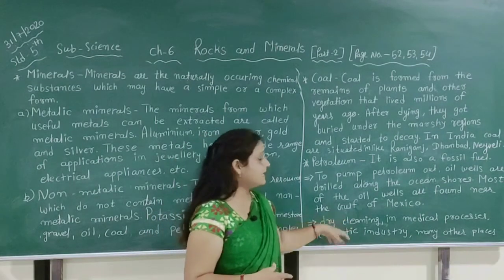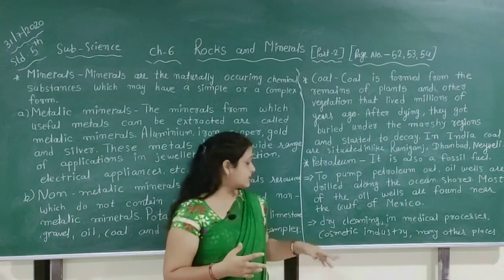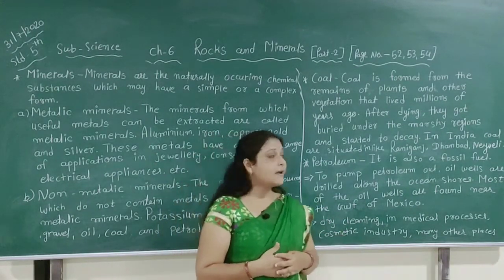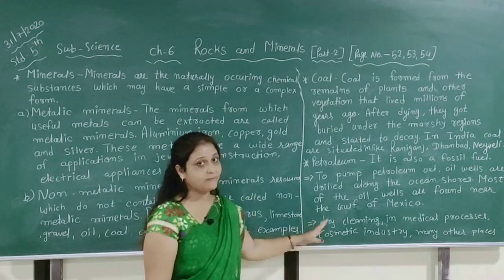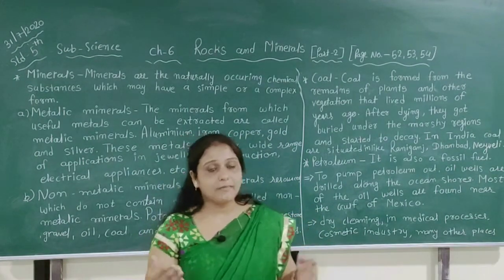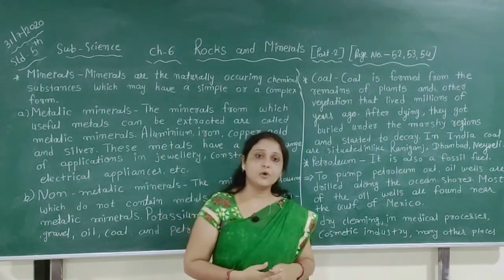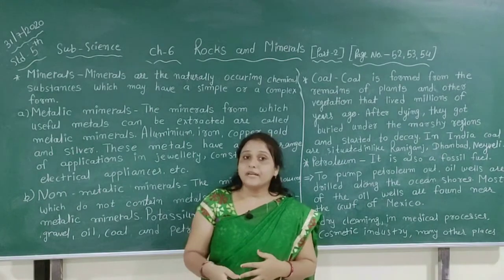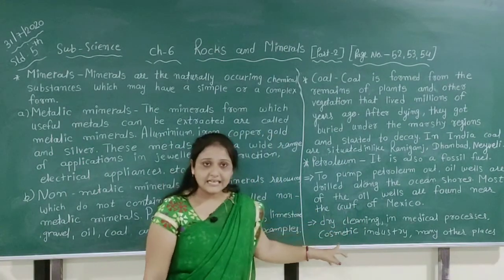Then after, in dry cleaning, in medical processes, in cosmetic industries, and many other places we use the different types of petroleum. For example, we have already discussed petrol, diesel and kerosene, and how we use them for different purposes. Then we also use petroleum for dry cleaning.